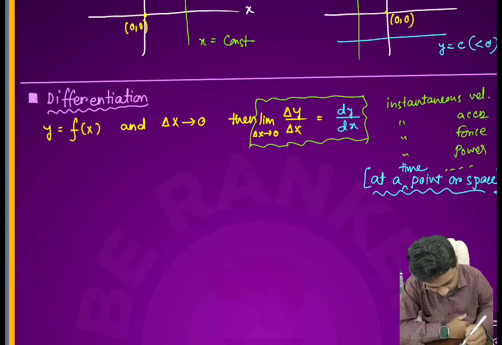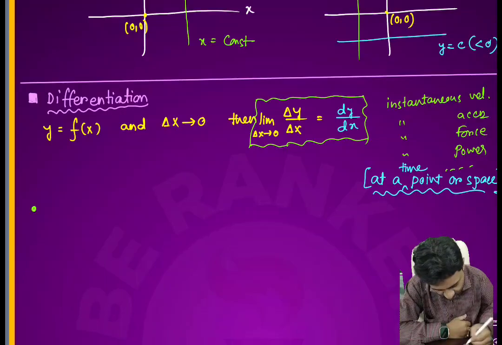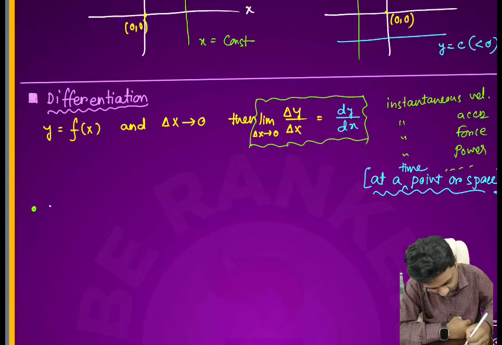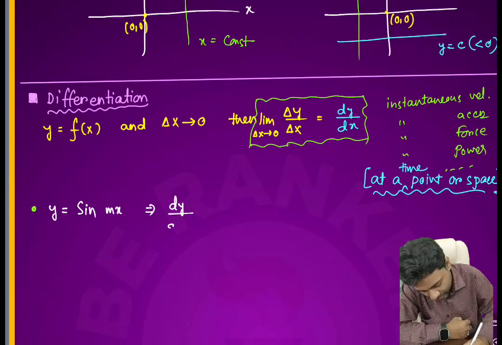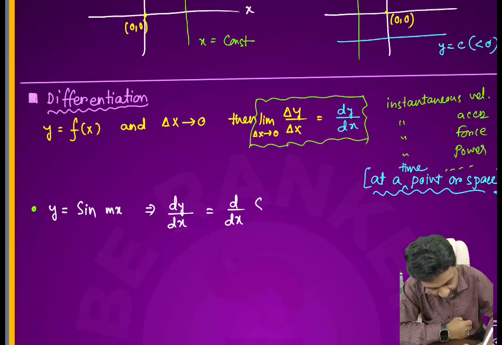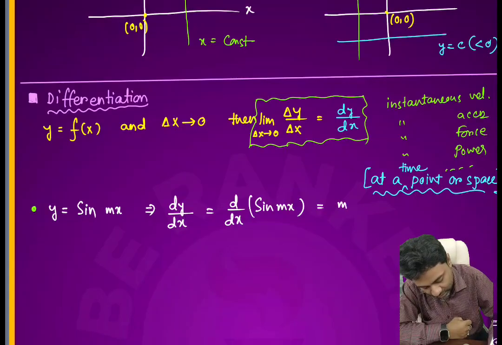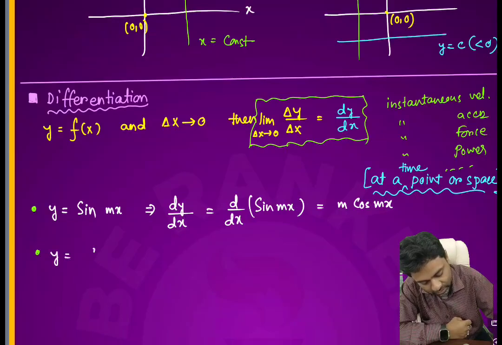So the basic derivatives that we may want to deal with for most of our graphs are like this. If y equals sine of mx, m can be any integer, then dy/dx, that is d/dx of sine mx, would be m cos mx.